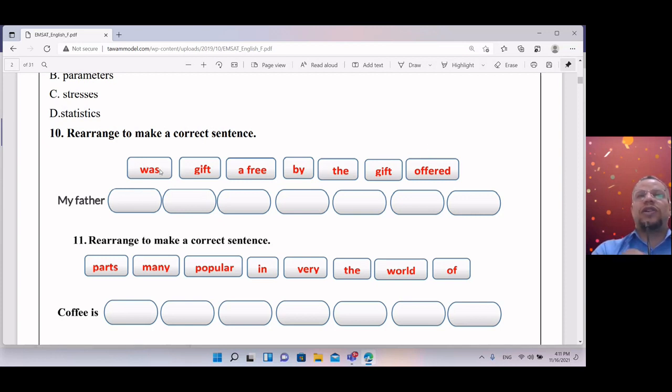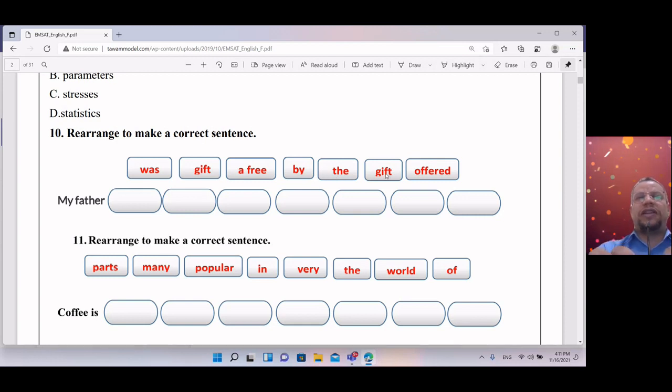So number 1 is was, number 2 is offered. My father, a verb, was offered a free, adjective before noun. My father was offered a free gift, a free gift by the gift.